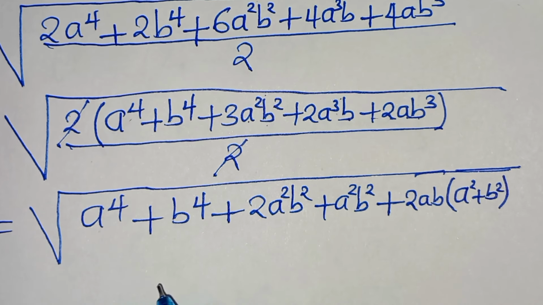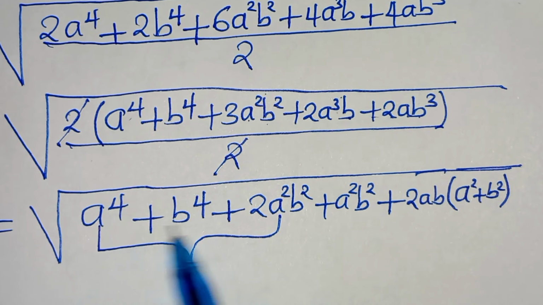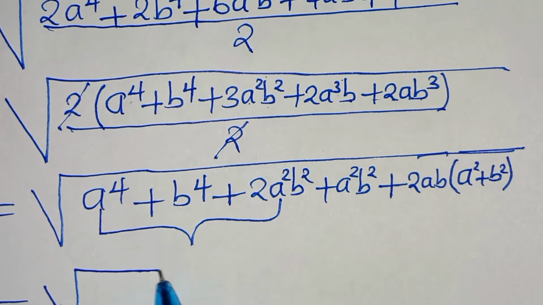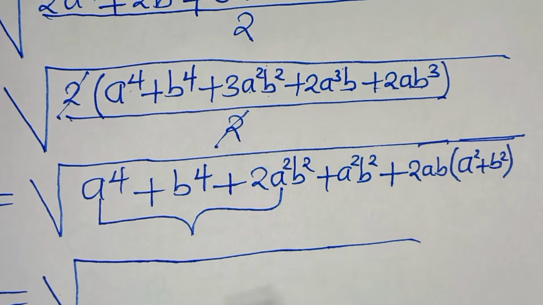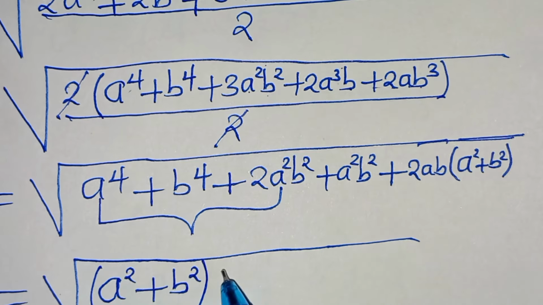Okay, the next step from here, we can express this part as the square root of a squared plus b squared raised to the power of 2.